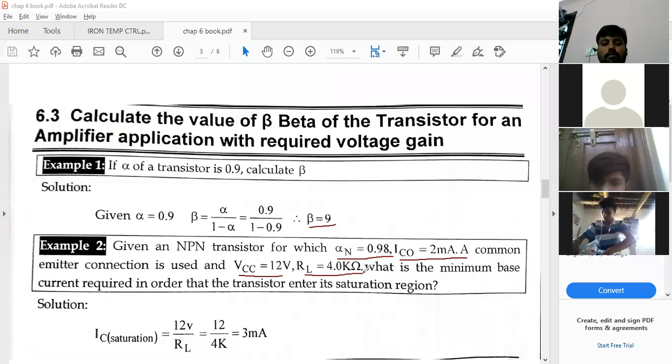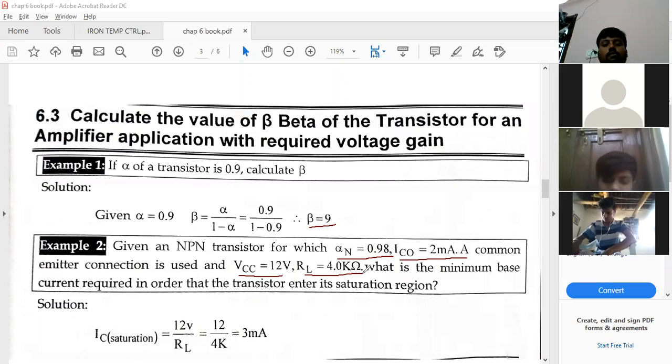What is the minimum base current required in order for the transistor to enter into the saturation region? This problem is in your textbook. No need to worry about how to note down all these readings.